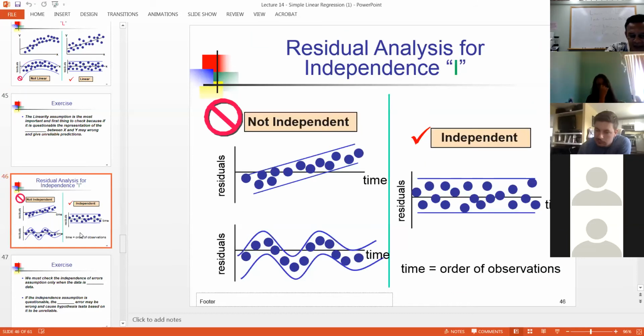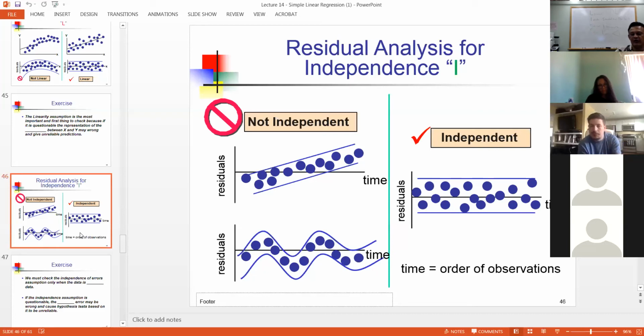For our independence, if we're looking at data that's taken over time, like first, second, third quarter data, a couple weeks, something that's over time, we probably want to look at our Durbin-Watson. But if we're looking at data that's maybe observed like now, there are a couple different instances too.